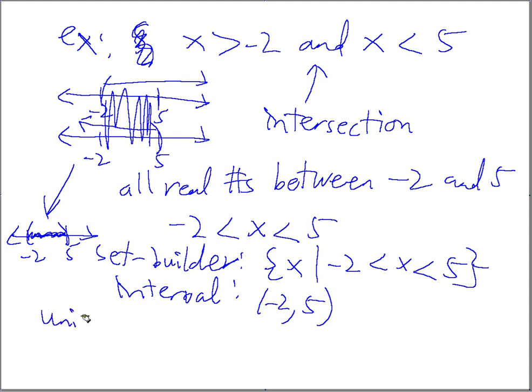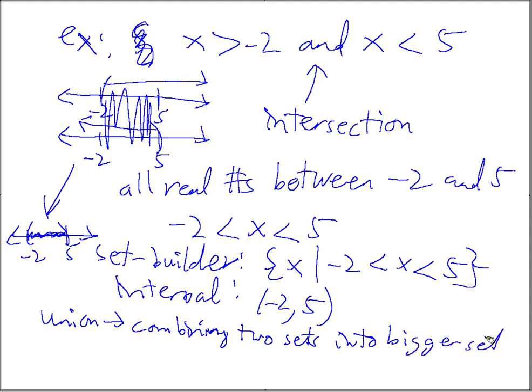So union means what? Combining two sets into a bigger set. All right, and intersection means what do the two sets have in common, right?